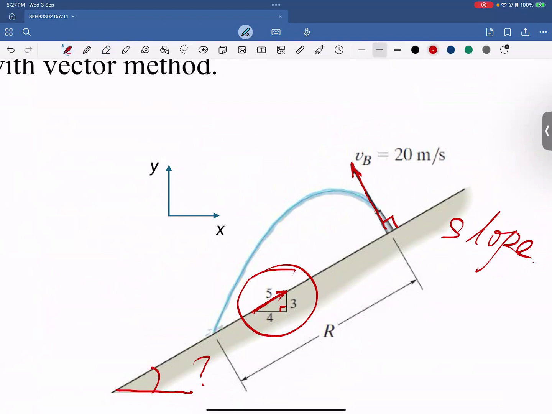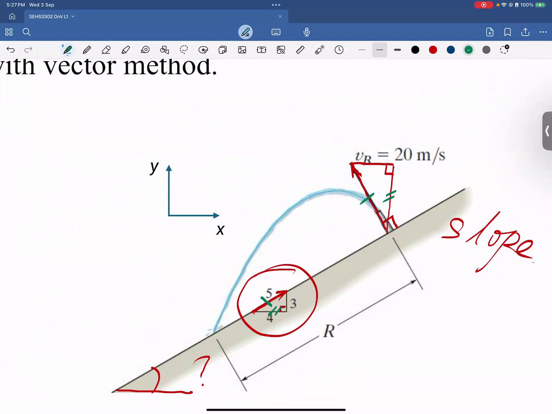So we can draw a similar triangle. We can draw a similar right angle triangle, right? So what makes the similarity? The hypotenuse of this one is perpendicular to this one, right? And for the two legs, this one is perpendicular to this one.